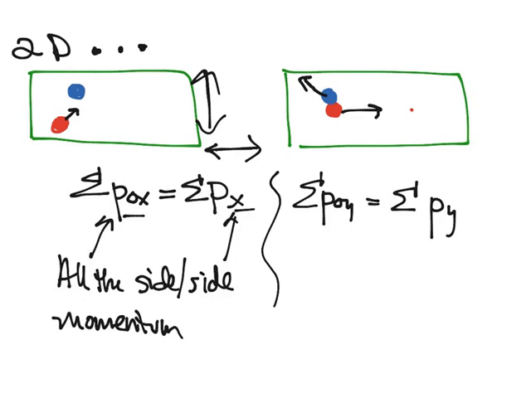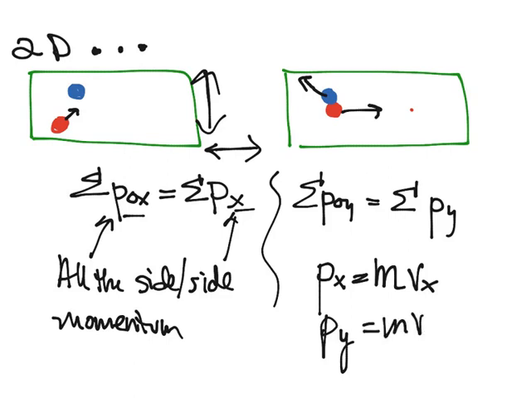Okay, and obviously you can't break a mass into x and y, but the x part of a momentum will be mass times the x part of the velocity. The y part of a momentum is equal to mass times the y part of a velocity.